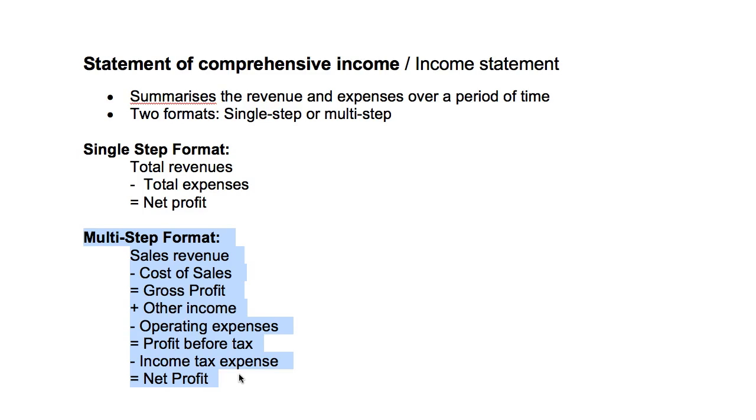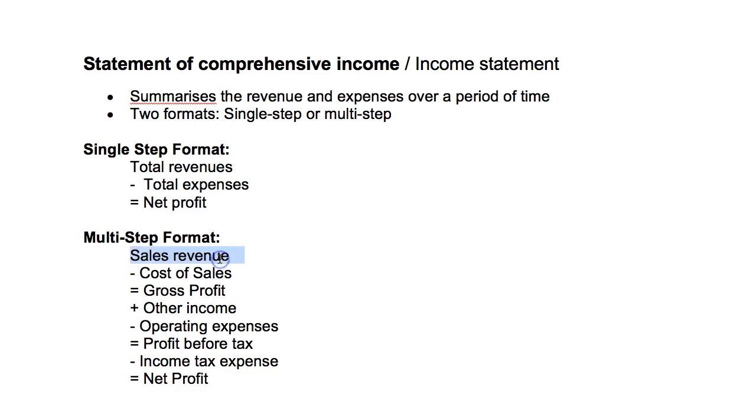So this would be used by a business like a supermarket, a retail business where they're buying a product and then selling it to their customers. Now this format still has revenues and expenses, but there's a very specific order, and the order is important.